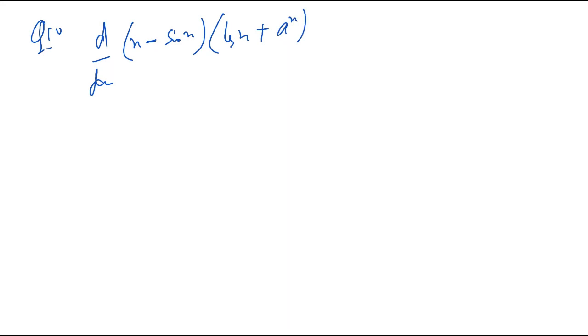Same. This is f(x). This is g(x). You can do it like this. One more thing you can do here is multiply the brackets first, and afterwards do the differentiation. It is up to you.